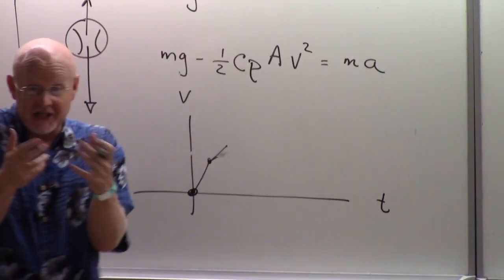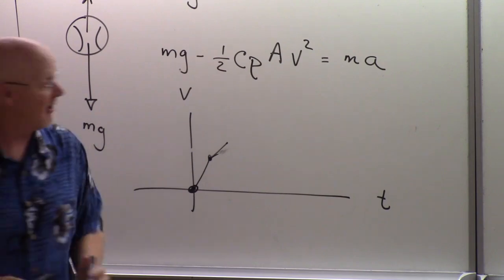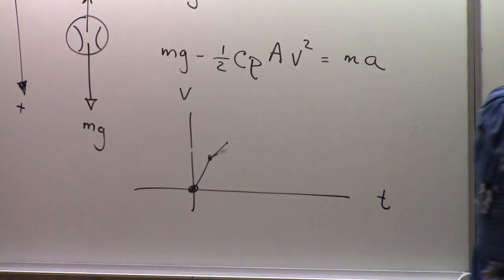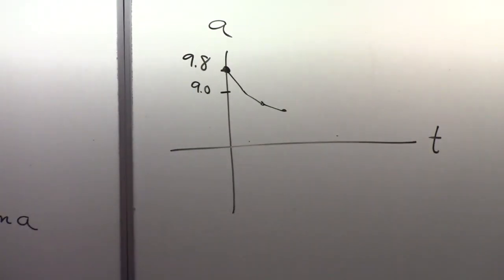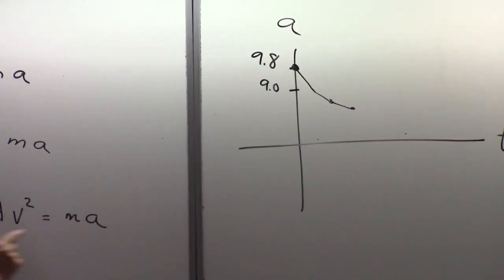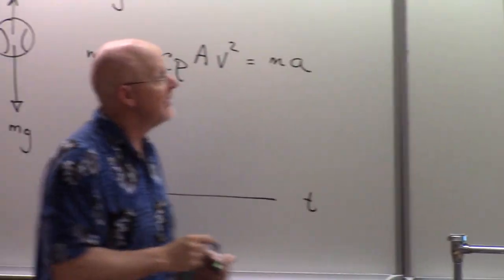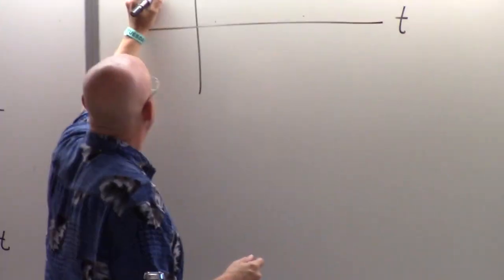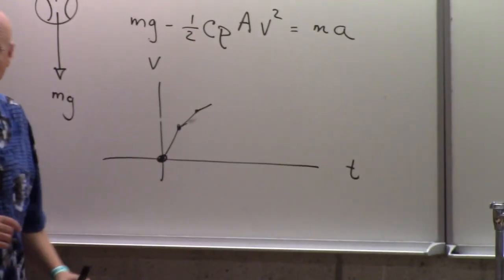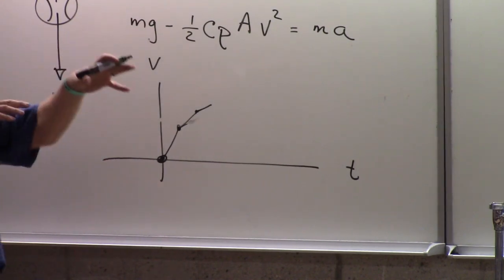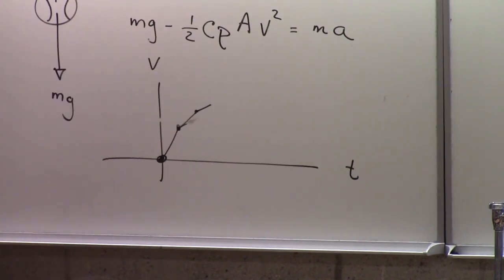So the air resistance is getting bigger and bigger. And every time the air resistance gets a little bit bigger, I take its weight minus this number, and I'm going to get less acceleration. And so maybe the acceleration goes down to 8. But of course 8 still means go faster. Not at the same rate, but it still says go faster.